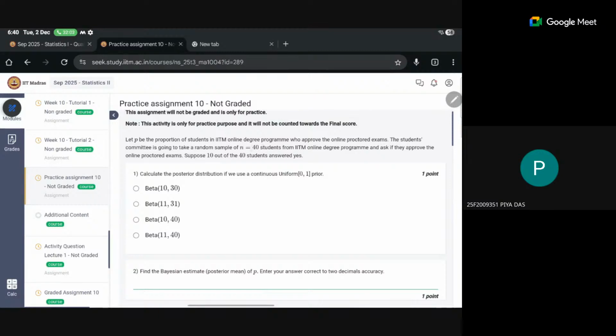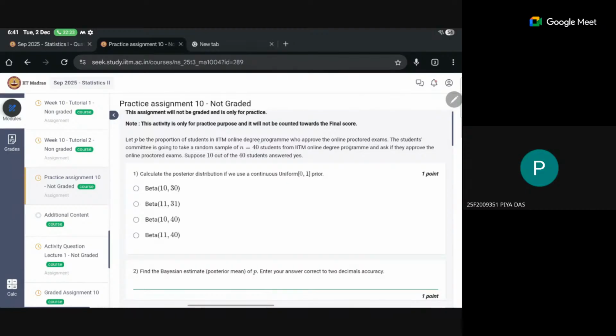So we have total 40 students. From that, 10 of them answered yes. So we have to calculate the posterior distribution if we use a continuous uniform (0,1) as the prior. So we have been given the prior information. P is the proportion of the students who have approved the online proctored exam.